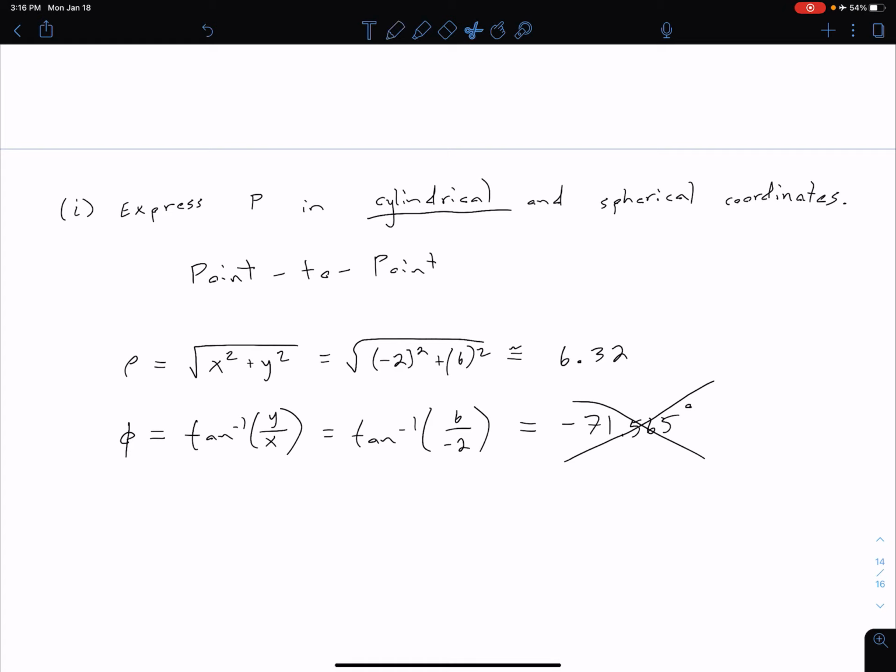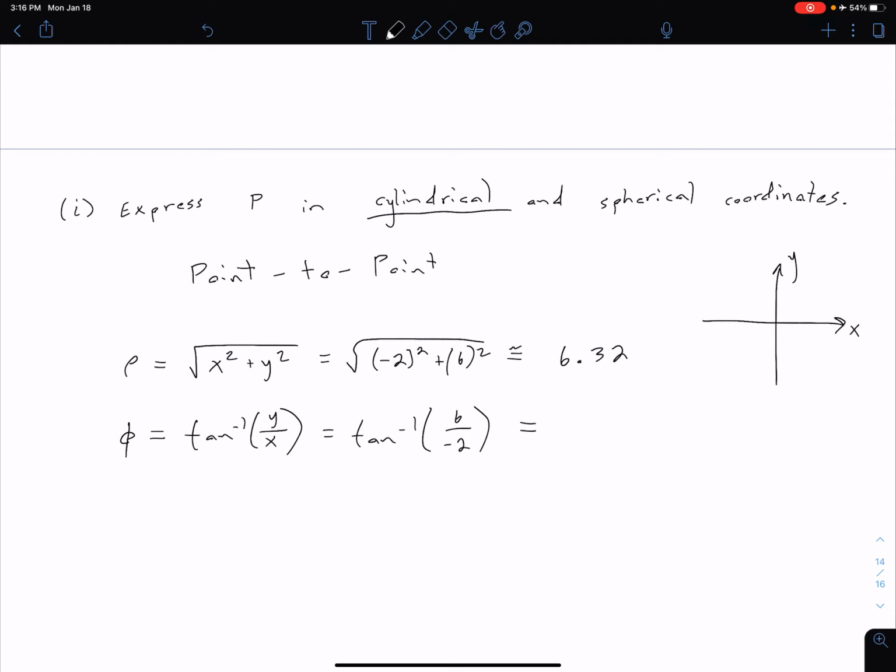Instead, what you want to do is consider what this looks like in our xy plane. If we are looking top down at our xy plane, so we're going back to two dimensions, our rho is going to be the distance from the origin, and our phi is the angle up from the x-axis.